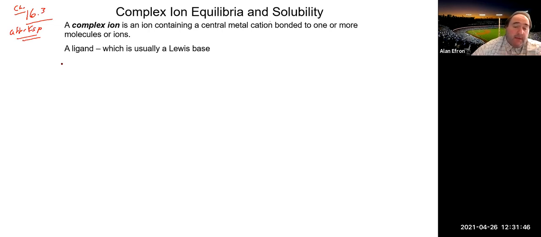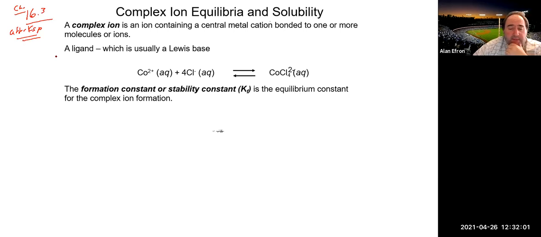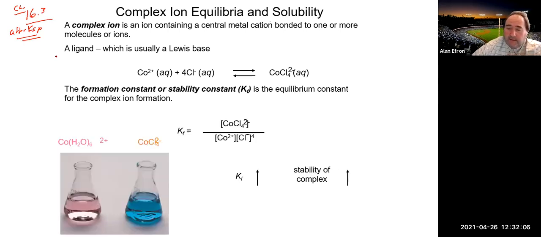All right, so what we're going to talk about here, in the last little bit of this chapter, is basically, like I just mentioned, equilibrium involving complex ions. A complex ion, as we've been talking about, contains a central positive metal, a lot of times a transition metal, something with a fairly large positive charge, and a number of ligands attached.